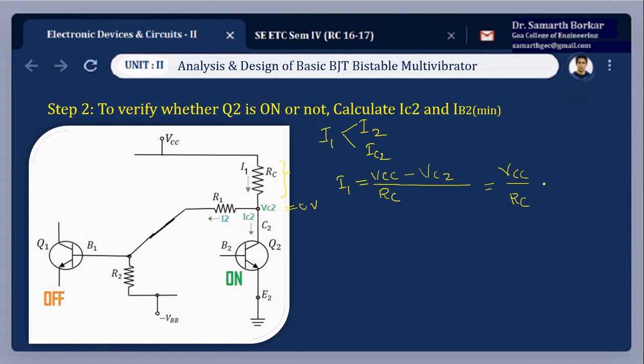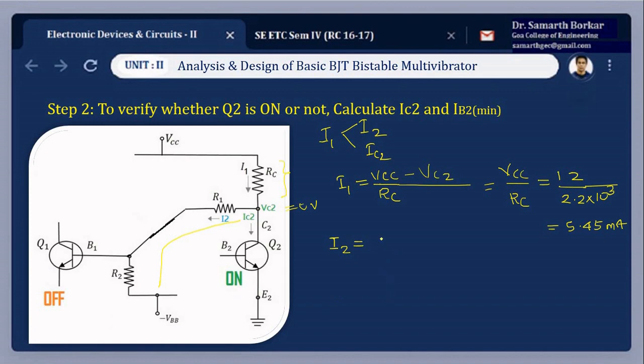If I substitute the values, VCC is 12 volt and RC is 2.2 into 10 to the power 3. So the answer is 5.45 milliamperes. Likewise we calculate the current I2. The current I2 flows in this path, from the initial point VC2 up to minus VBB.